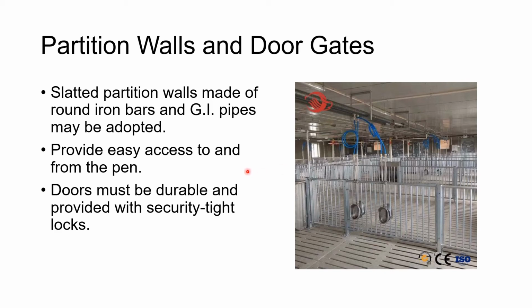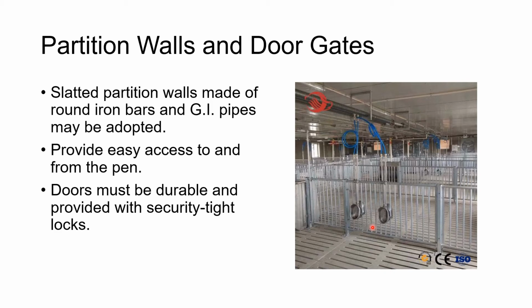Then, it provides easy access to and from the pen. So if you have a partition wall with a door gate, the door must be durable and provided with security tight locks. So our gates need to be durable too. The partition wall doesn't have to be only iron bars and GI pipes.